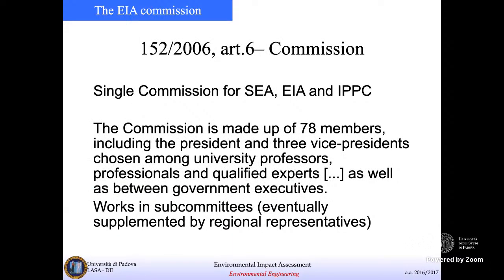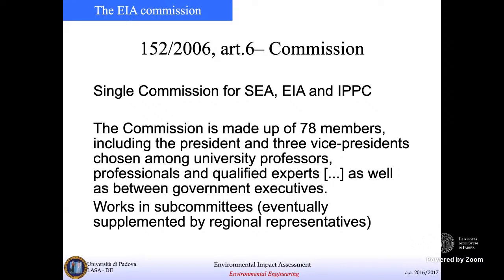Law 152/2006, the framework law on environment, states that we shall have a single commission for environmental impact assessment, but also for strategic environmental appraisal and for integrated pollution prevention and control.